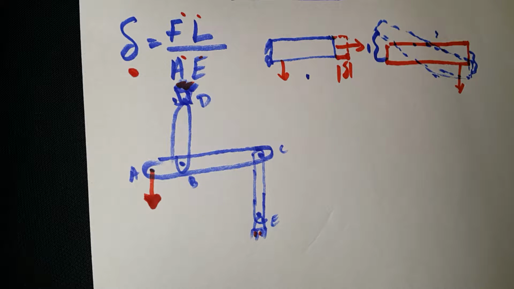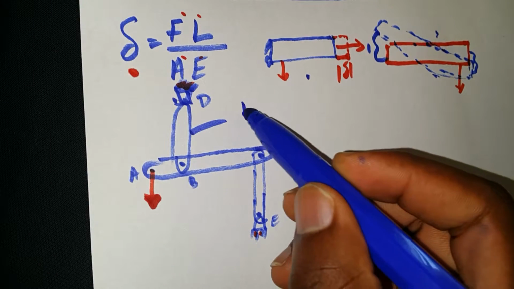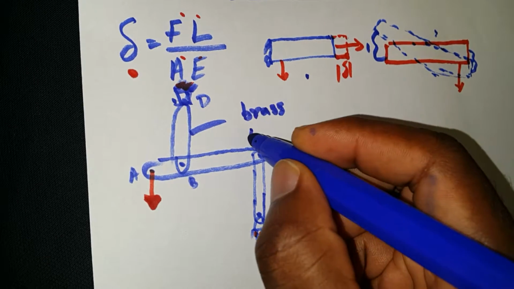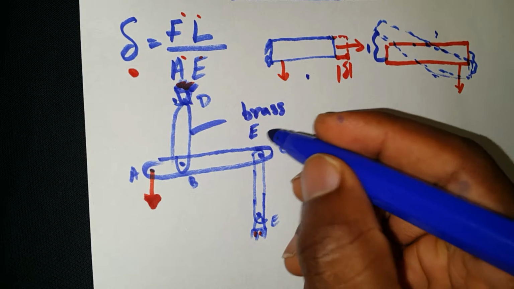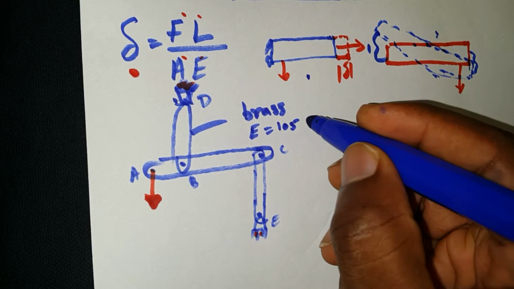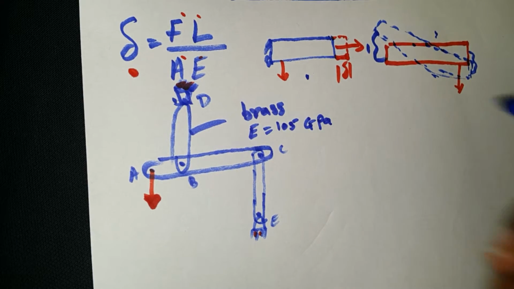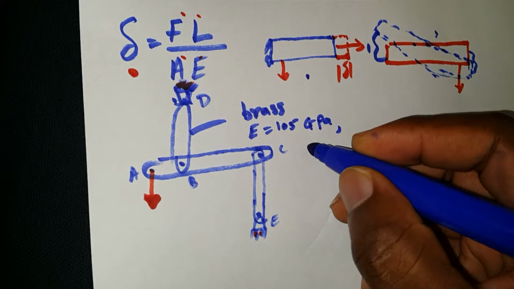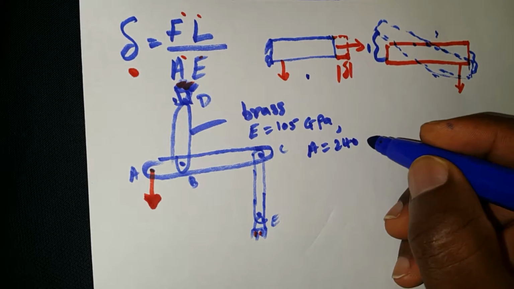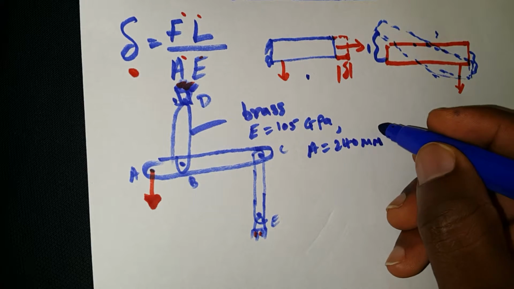What is it? Is it aluminium? Is it brass? Is it steel? So from here, let's say that this is brass. And the Young's modulus of brass is 105 gigapascal. Let's say the area is 240 millimeter squared.